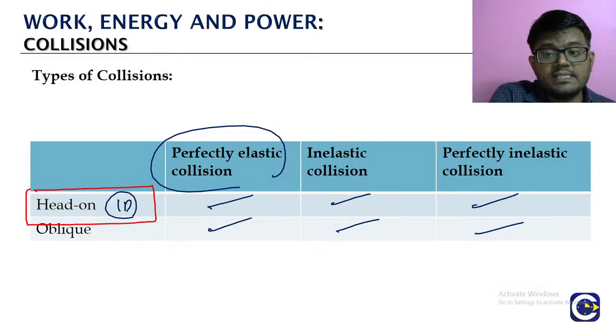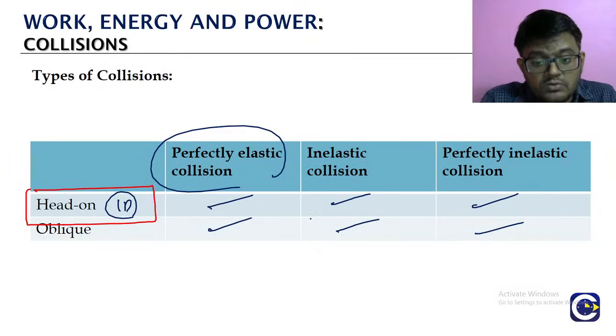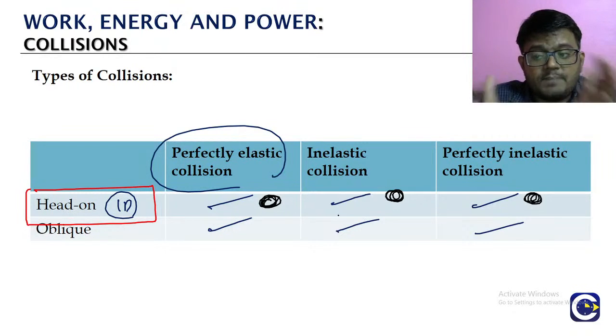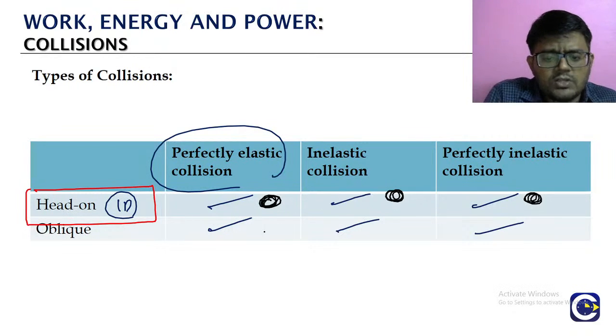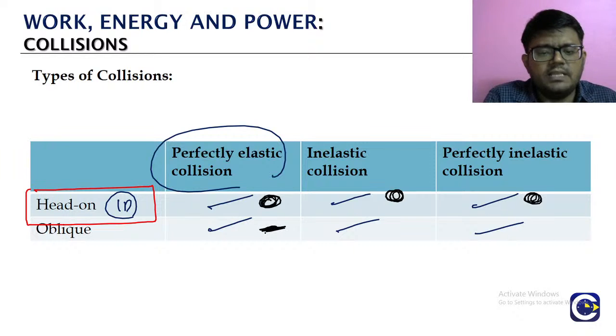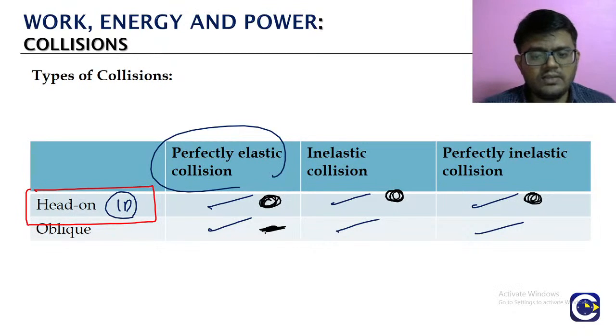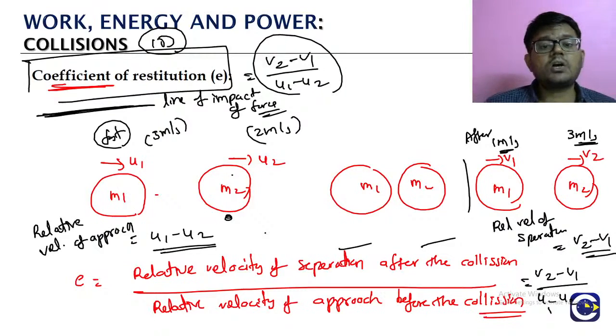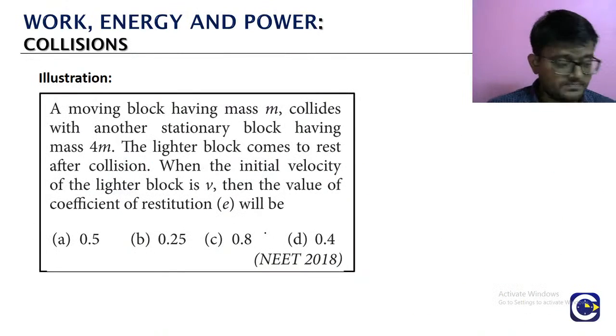We are going to look at 6 categories, but the main focus will be on these three head-on categories: perfectly elastic, inelastic, and perfectly inelastic. After that, we can also look at how the expressions come for perfectly elastic collision in the case of the oblique type. But we have to focus mostly on head-on type collisions. Okay? So this is the concept of coefficient of restitution.